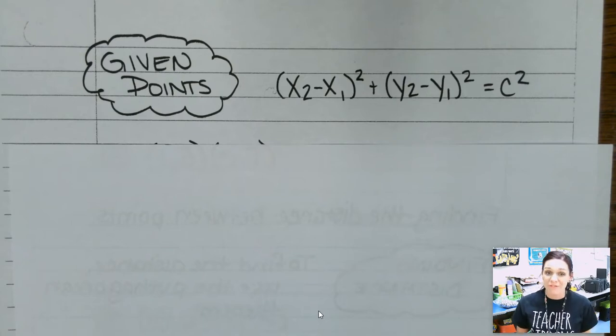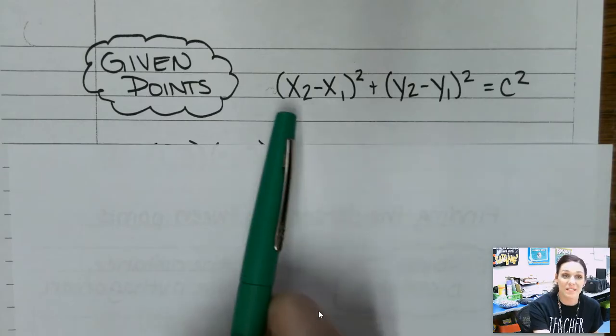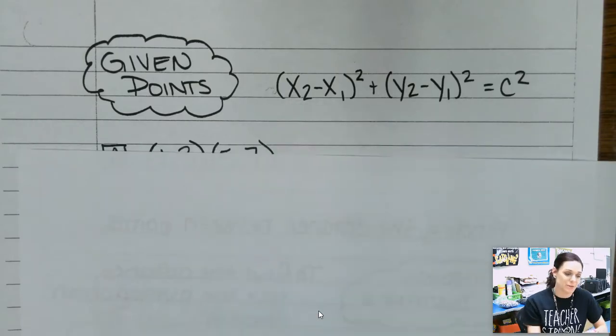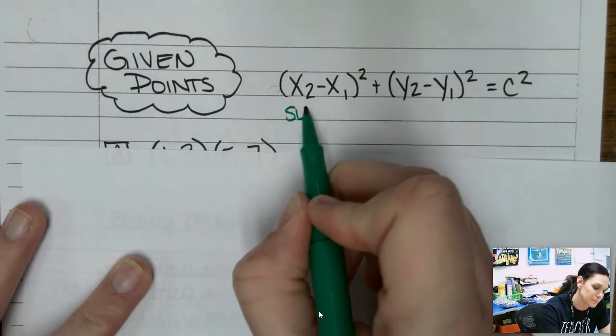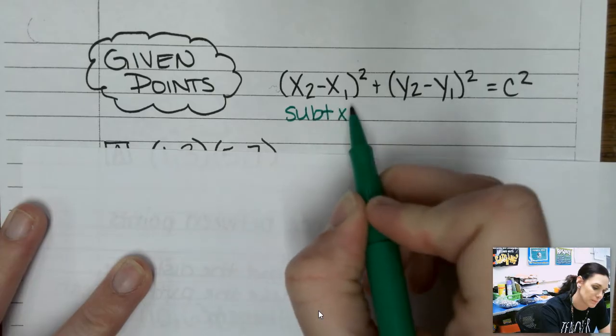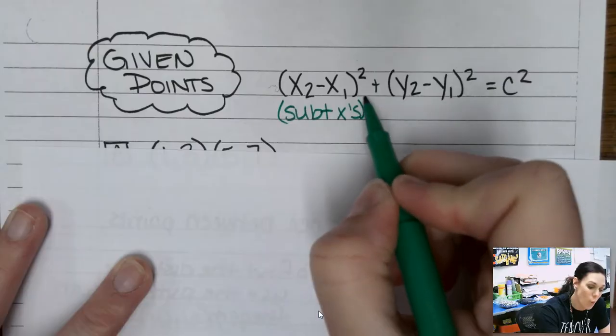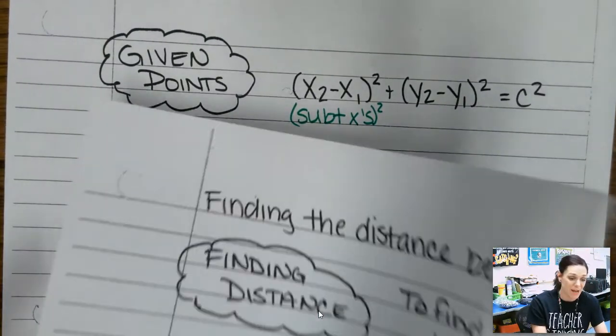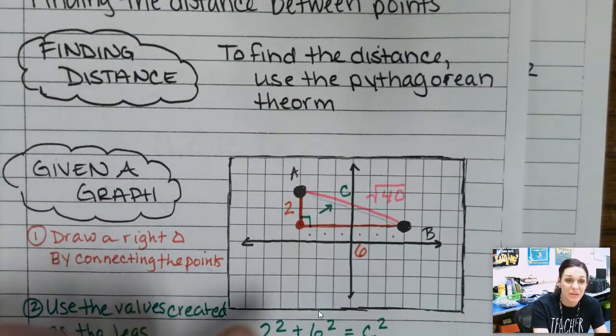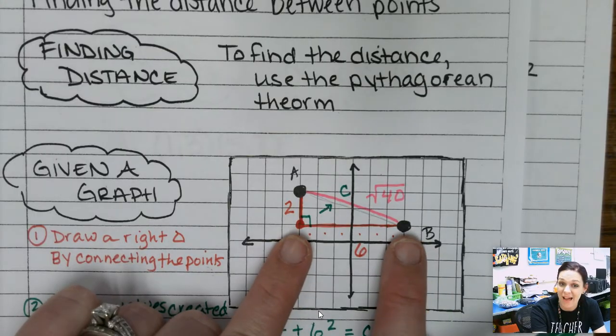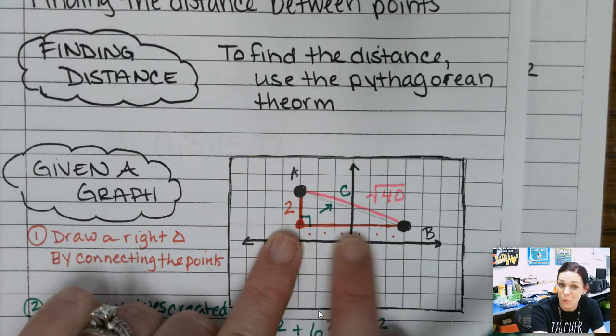To find the distance of things that move, we subtract our x values and then we square it. So that is one of our legs. Now, if I look at my graph that I did, notice I am subtracting my x's to find out that total distance.